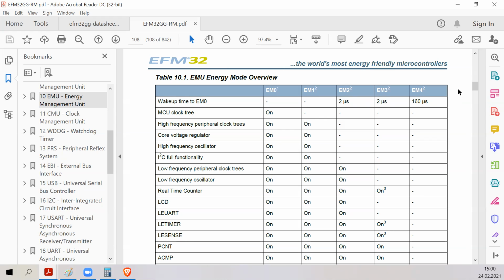For example, a typical application, some wireless sensor, for example, a temperature sensor, needs to report temperature every 5 minutes. So it wakes up in energy mode 0. It samples the temperature, for example, through I2C interface from a temperature sensor, which is on the board. Then it sends the temperature through UART or through wireless, and then it has to go to sleep for 5 minutes.